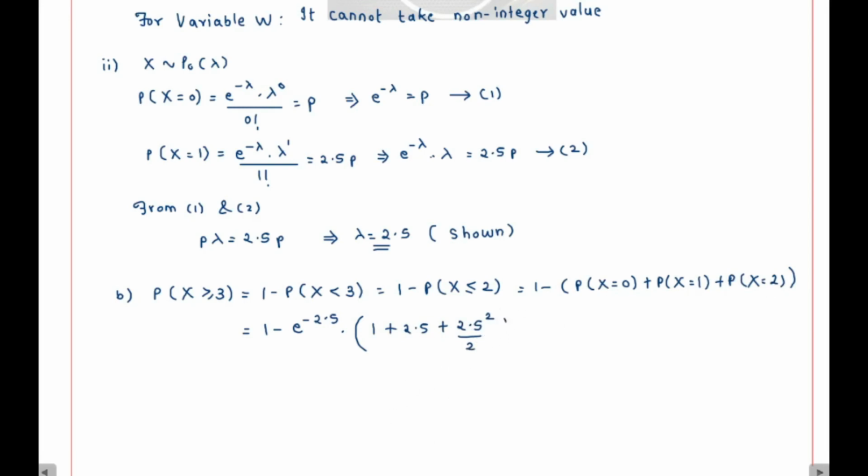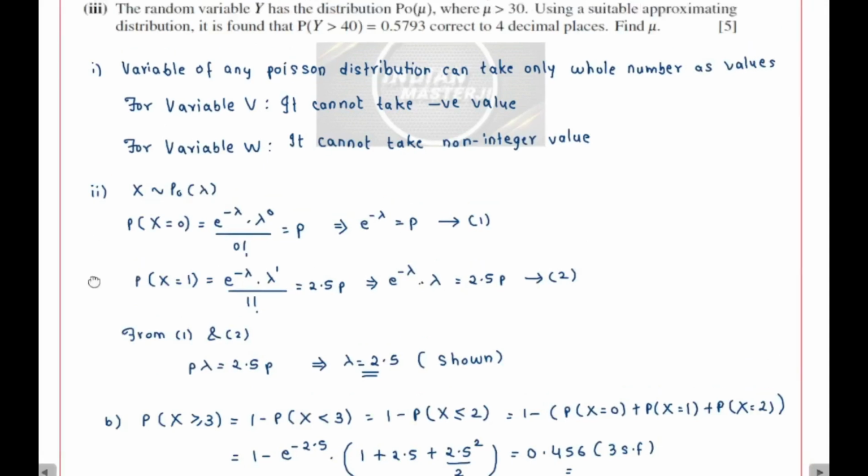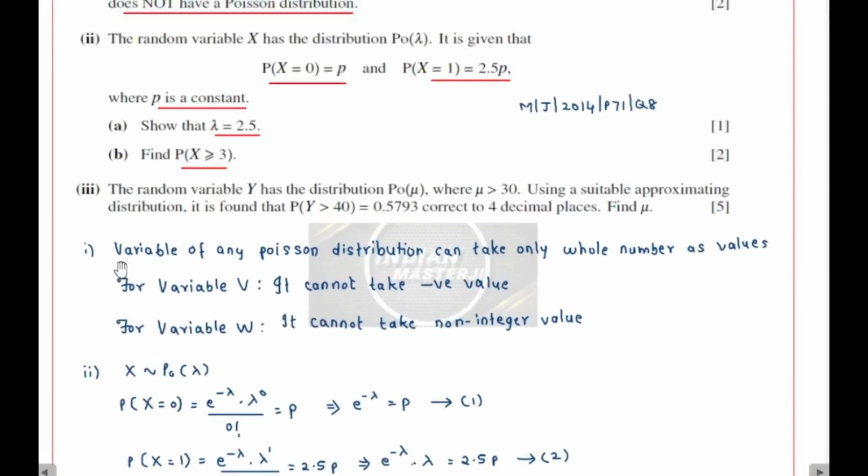So if I solve this whole thing and subtract it from 1, what value do I get? I get 0.456, correct up to 3 SF. So this answers part B of question 2.